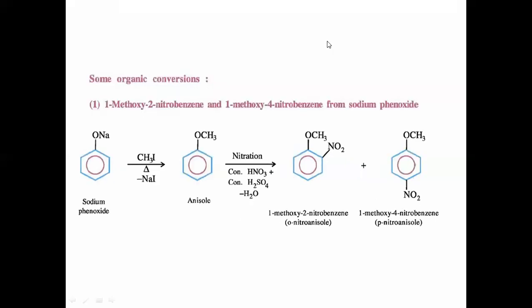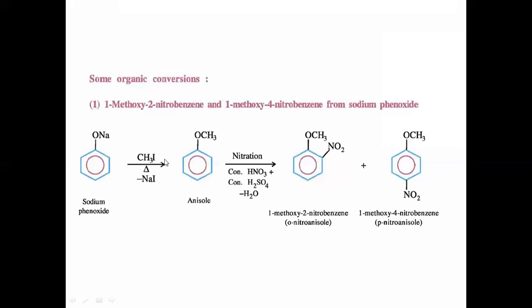Now, the next one is what? Some organic conversions over here, which are very, very important. So here there is a conversion of sodium phenoxide to 1-methoxy-2-nitrobenzene and 1-methoxy-4-nitrobenzene. From sodium phenoxide, that is benzene ring with ONa, what will we do to get methoxy-nitrobenzene? For that, we need to add a methoxy group, like anisole.